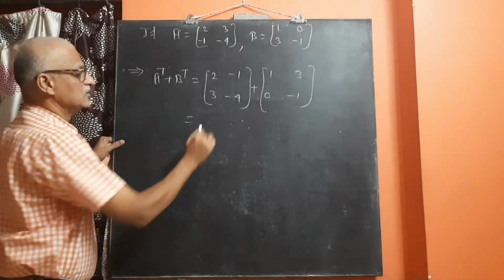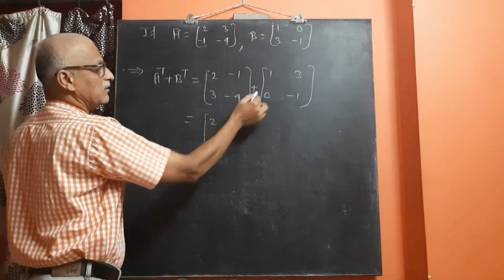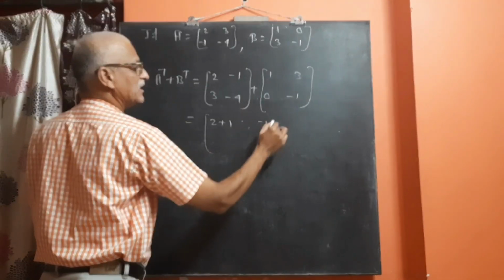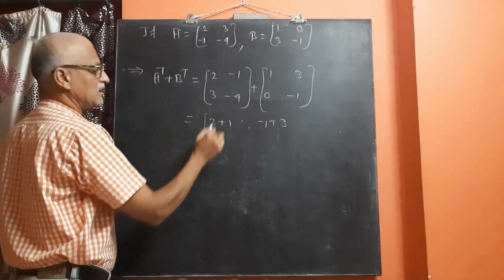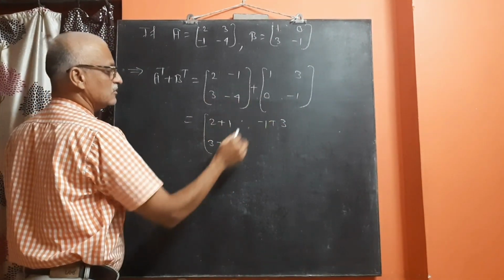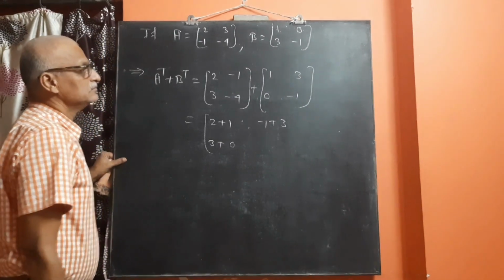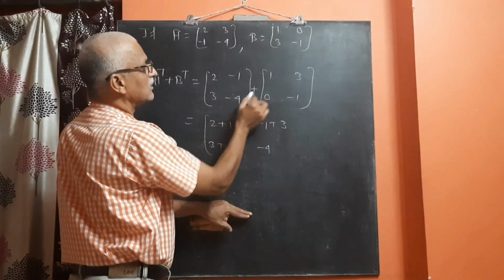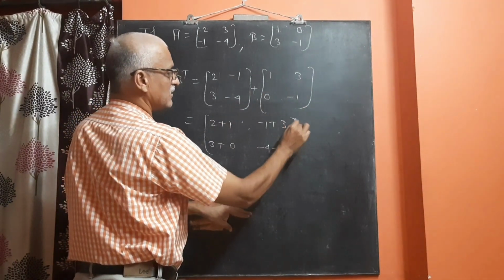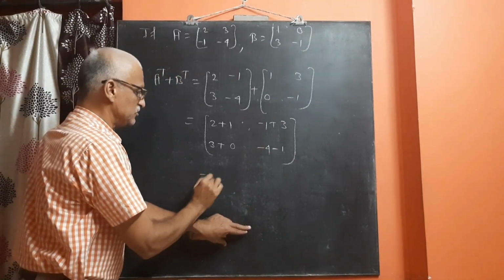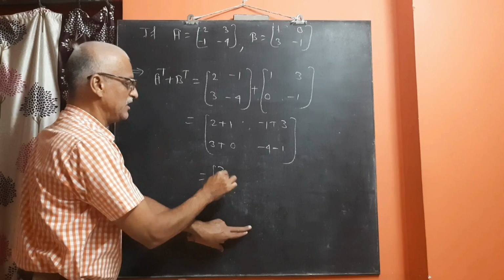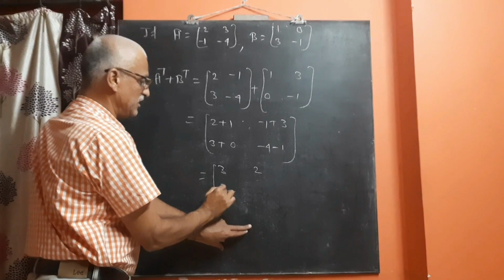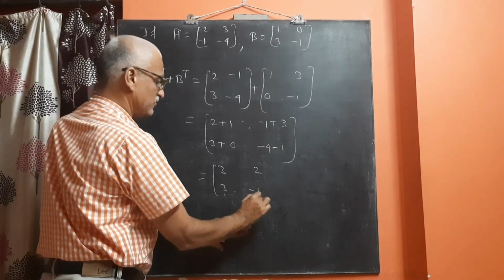of two matrices. So you get 2 plus 1, then minus 1 plus 3, 3 plus 0, minus 4 plus of minus, that means minus 1, which is equal to the matrix of 2 plus 1, that is 3, minus 1 plus 3, that is 2, 3 plus 0, that is 3, minus 4 minus 1, that is minus 5.